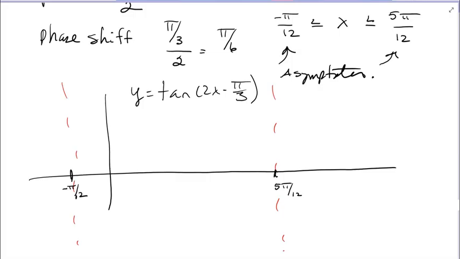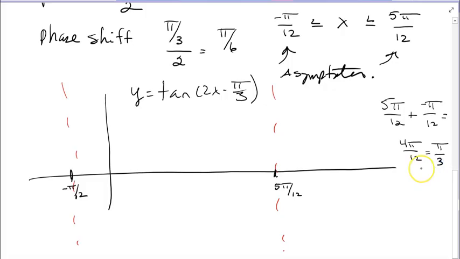If you can't figure out what's directly in between, you simply add them up. 5 pi over 12 plus negative pi over 12 is going to give you 4 pi over 12, which reduces to pi over 3, and divide by 2.